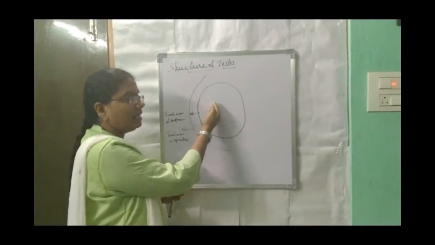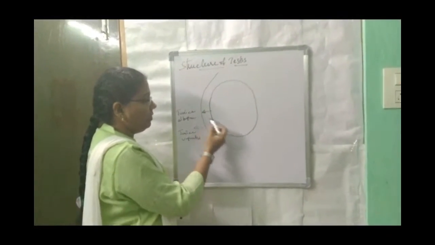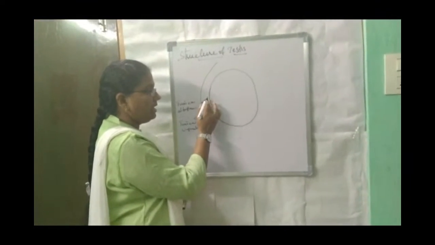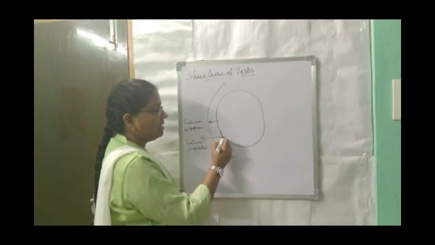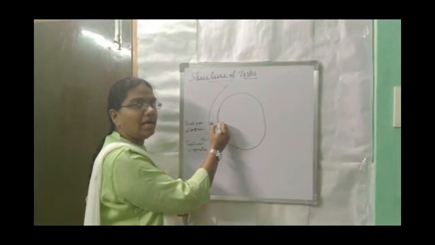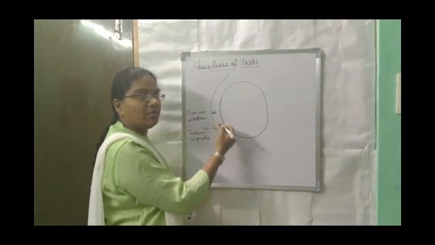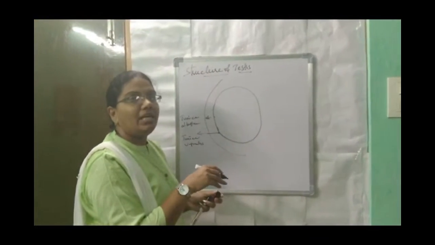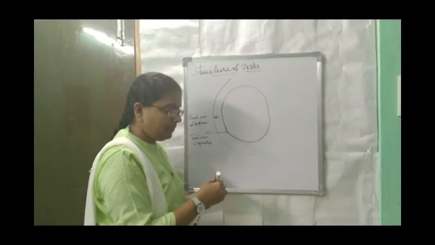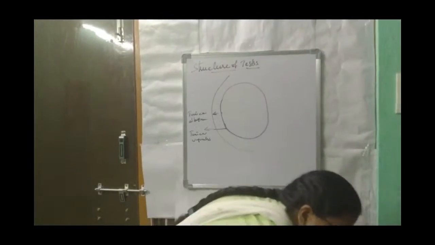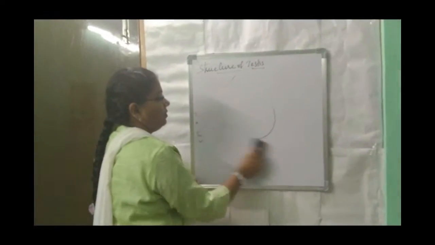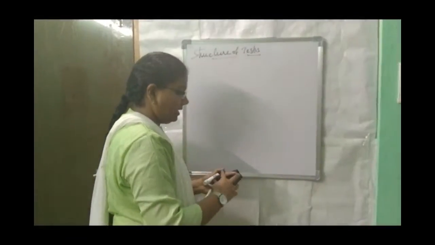In the testis, the outermost layer is the tunica vaginalis, and the outer layer of the testis is the tunica albugina. The tunica albugina has many inward folds. We draw the detail like this.